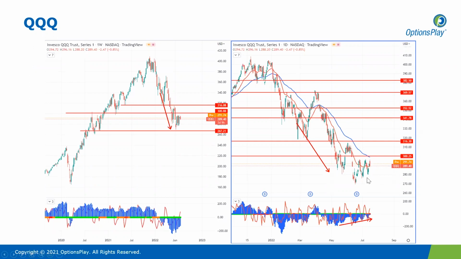So definitely something to keep an eye on. But right now, I do think it's one of those times where you just may have to sit on your hands a little bit, or maybe trade less compared to before, because there's too much ambiguity and too much contradiction, in my opinion.